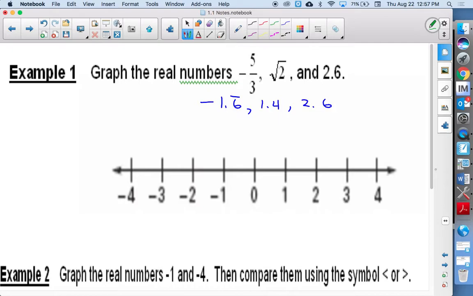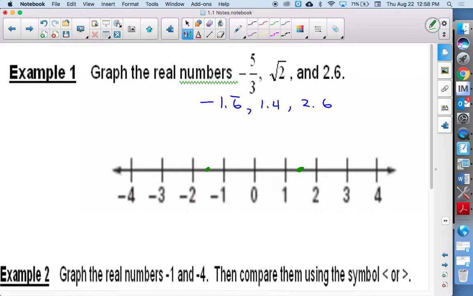-1.6 repeating, so we're going to find -1 on our number line. And -1.6 repeating is going to be just right in the middle between -1 and -2. Going over to 1.4. Going to 1 on our number line. And pretty much right in the middle between 1 and 2 is 1.4.